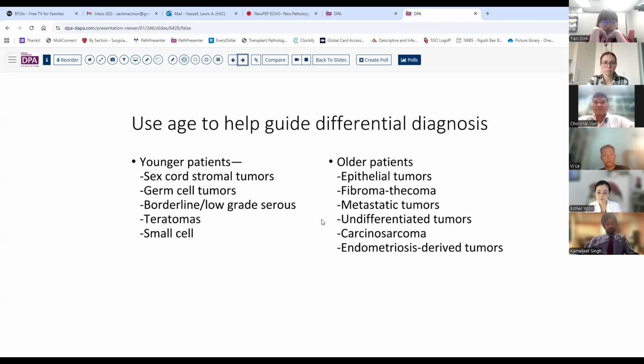Older patients are more likely to have the common epithelial tumors, metastatic tumors, even some undifferentiated or dedifferentiated tumors, and endometriosis-derived tumors as well. Those are all considerations that may guide you in your evaluation. Knowing the age and the clinical presentation is very helpful.